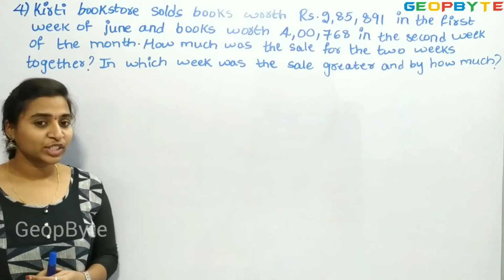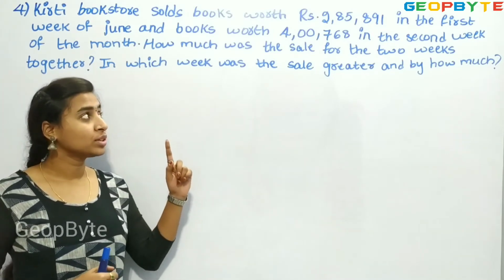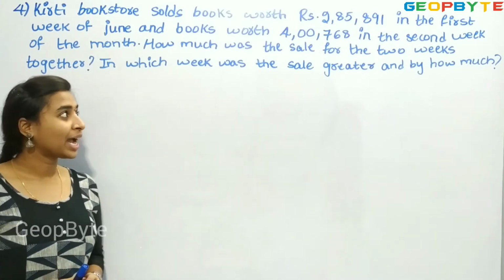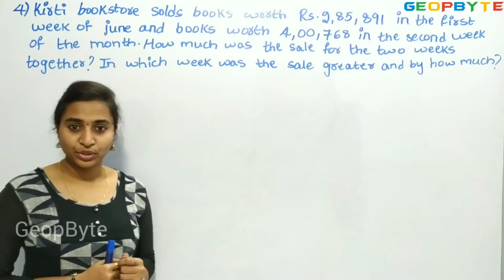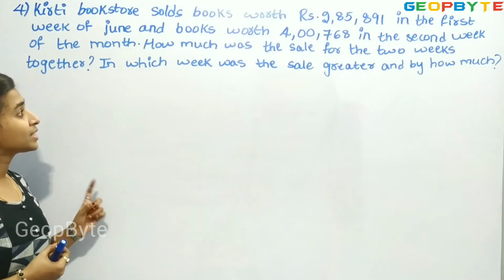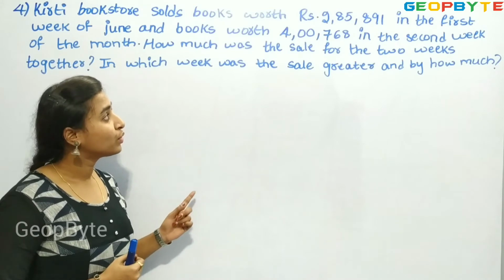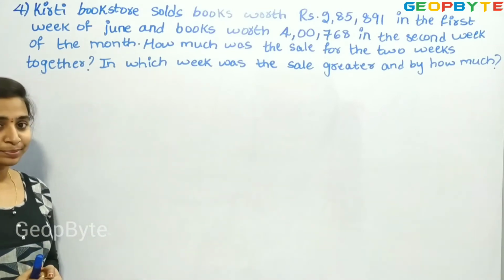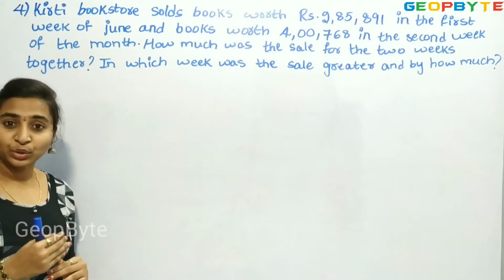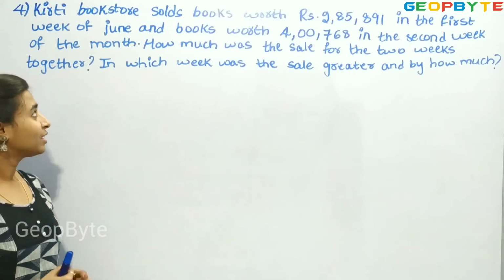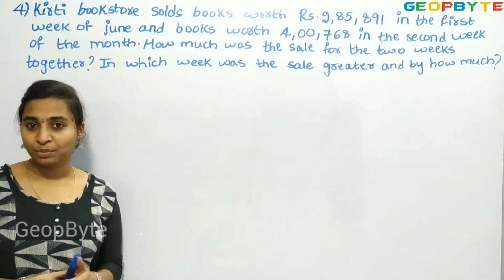Right? The given question is nothing but Kirti Bookstore sold books worth rupees 2,85,891 in the first week of June. And again, in the second week of June, books worth 4,768,000 are sold. We need to find how much was the sale for 2 weeks together. In which week was the sale greater and by how much?